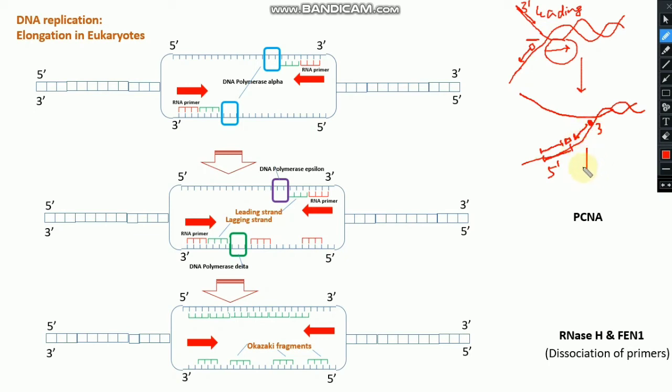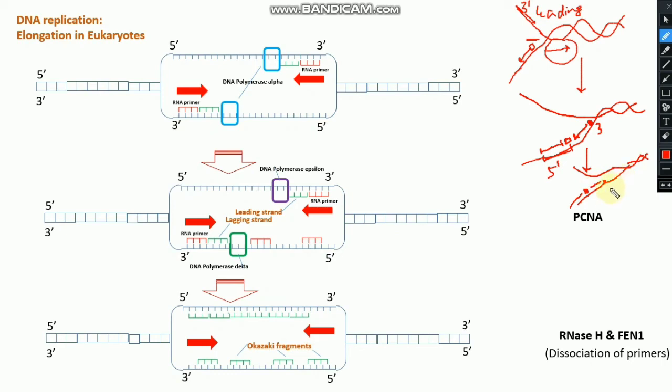Afterwards, again the DNA ligase works further. Then here is one strand that was previously formed, and here is another strand.